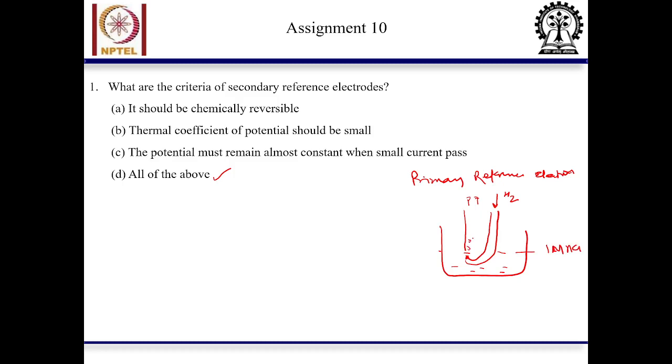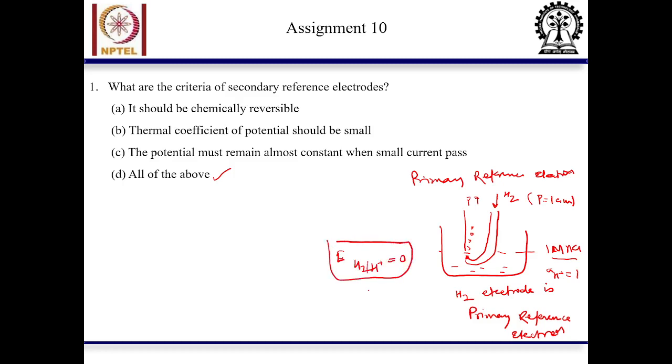So this hydrogen electrode is your primary reference electrode. Here the activity of H+ ion is 1, and the hydrogen pressure is 1 atm. So this potential, E of H2 by H+, is 0 volt. This is the convention, right? So this is your primary reference electrode.